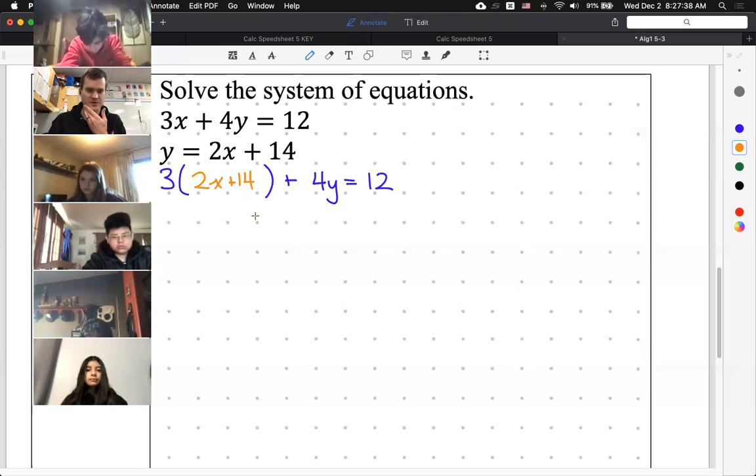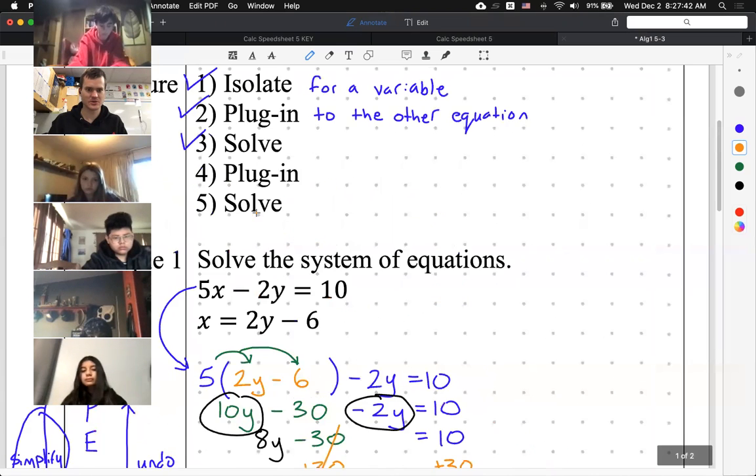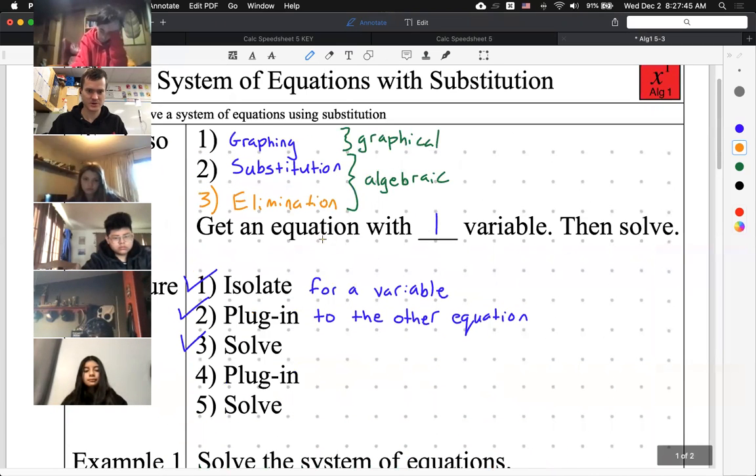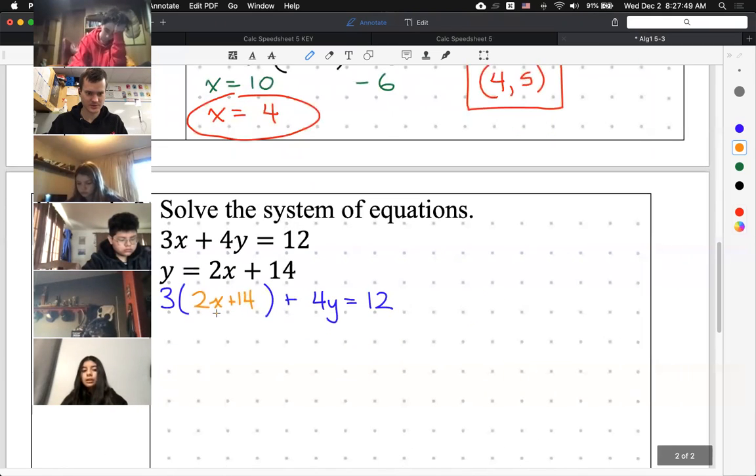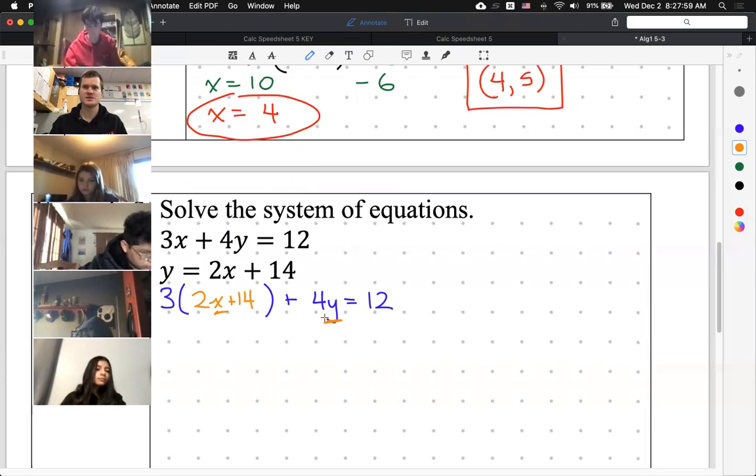I'm seeing a problem here. I wonder if anyone else sees it too. Because I'm looking at our original goal. Our goal is to get one equation, which you got, with one variable. And it looks like your equation has 2 variables. It has an x and a y still. Oh, I wonder what went wrong. Can someone help us out? What's going on here? Yeah, Zeke?